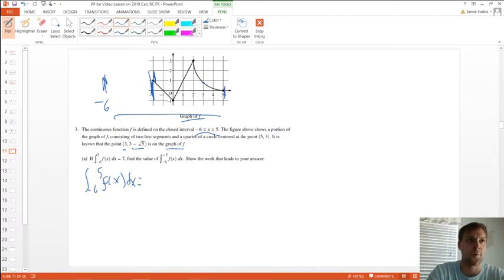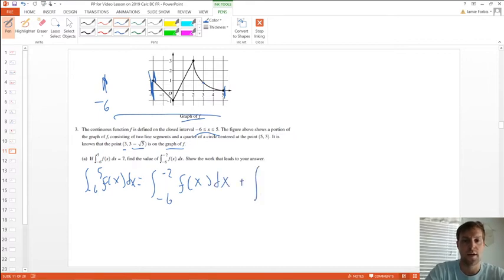If I break it apart, remember that the integral from a to b is equal to the integral from a to c plus the integral from c to b. I can say this is the same thing as the integral from -6 to -2, which is the piece I'm trying to solve for, plus the integral from -2 to 5 of f of x dx.